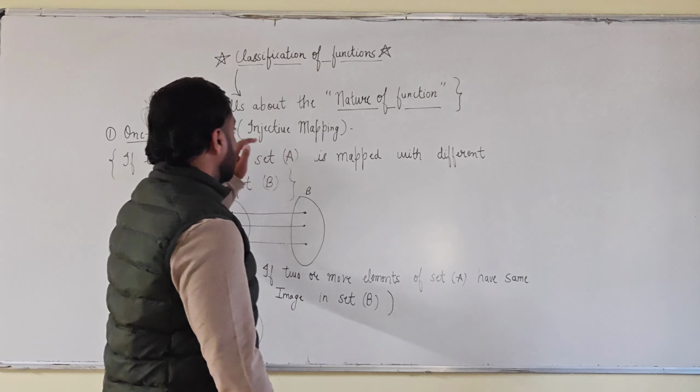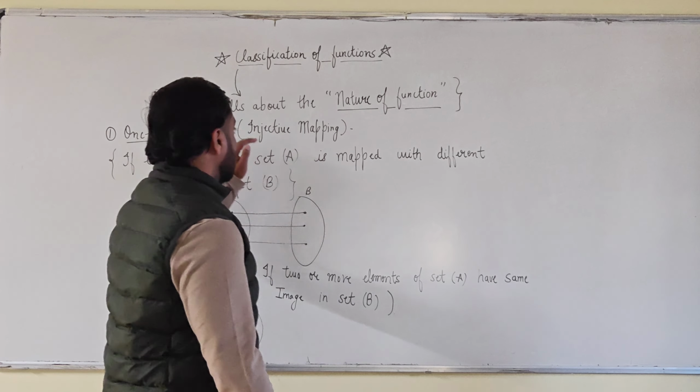If the graph of the function is like this, we draw a line parallel to the x-axis. If it cuts at only one point, then the function is one-one.